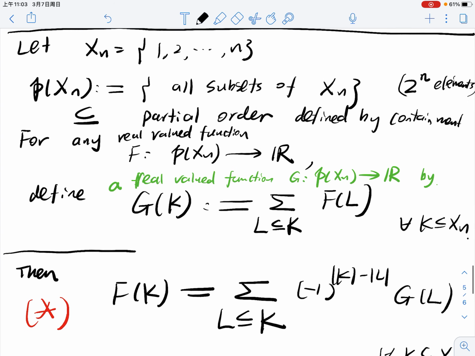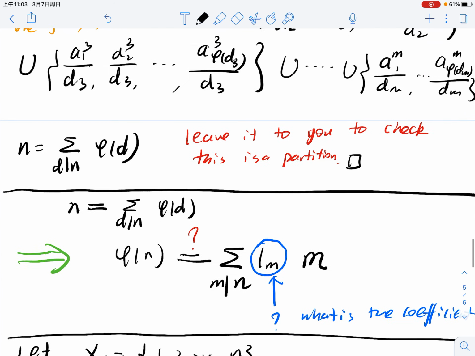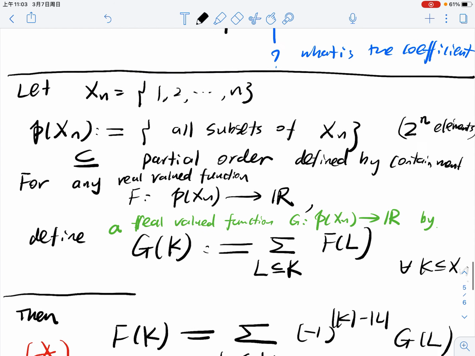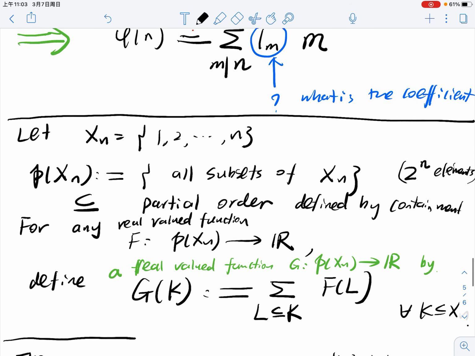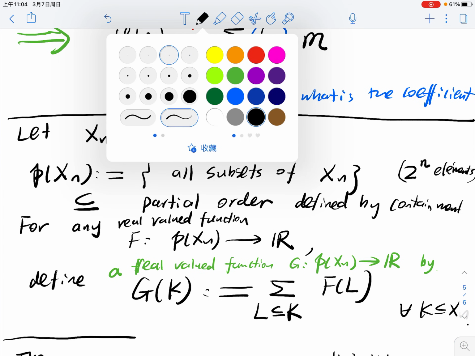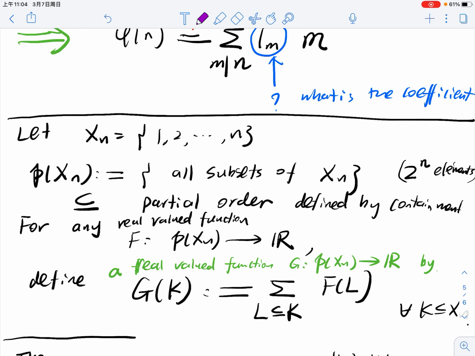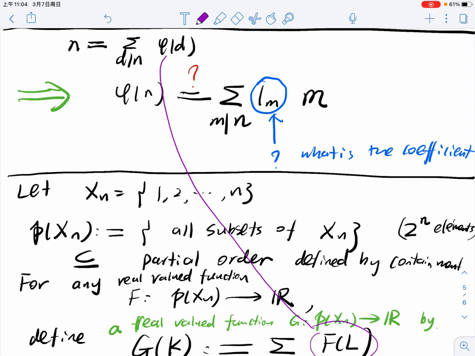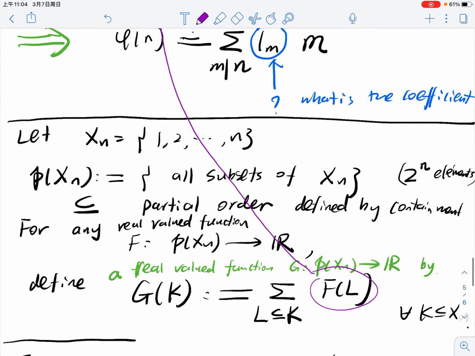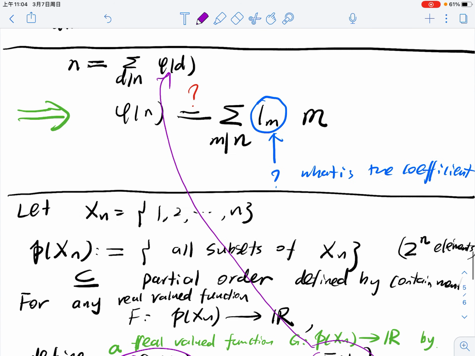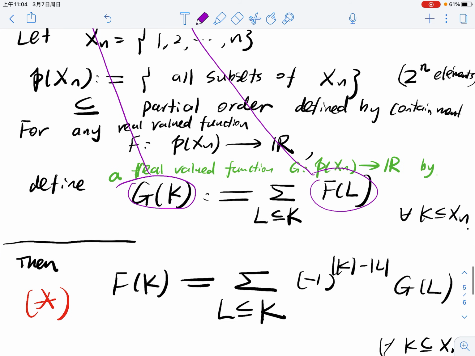So the idea is like this. If you look back to the previous example we have, so here F is more or less some harder stuff, and the G here is more or less some easy stuff.